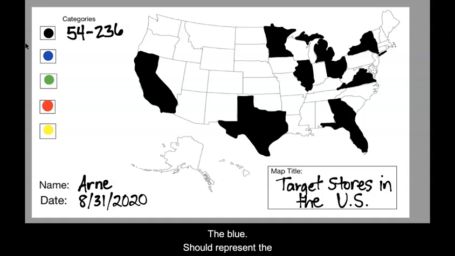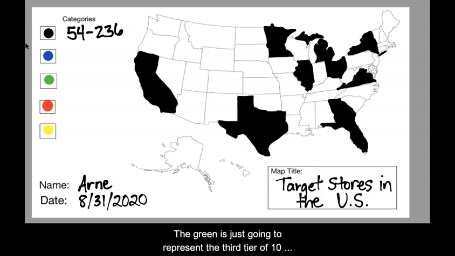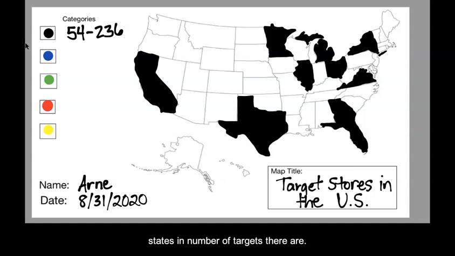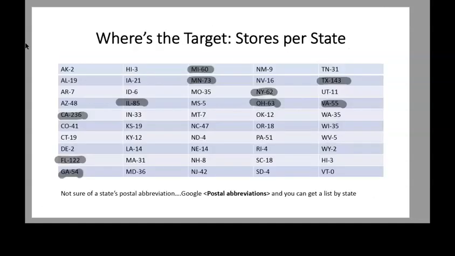The blue dot should represent the next set of 10 states that have the most targets. So it would be, if you ranked them, states 11 through 20. The green dot is going to represent the third tier of 10 states in number of targets there. The red would be the fourth, and the yellow dots, or the yellow states, will represent the 10 states with the least amount of targets. Again, you're going to use the numbers here to help you out.